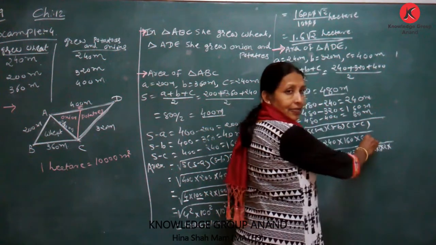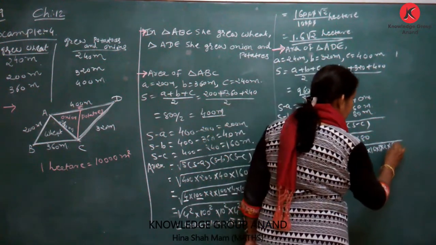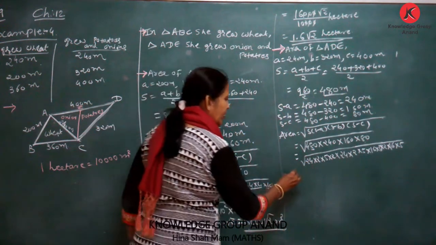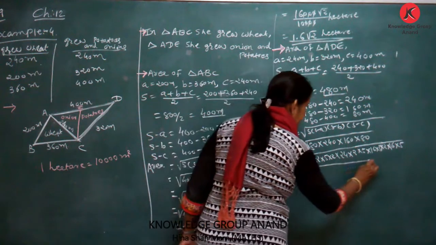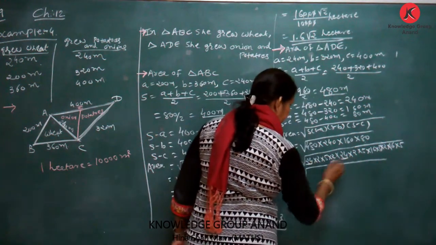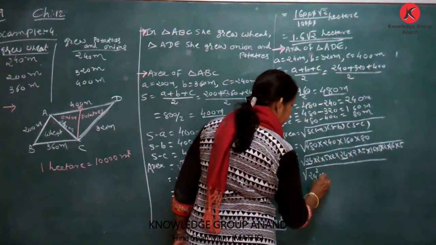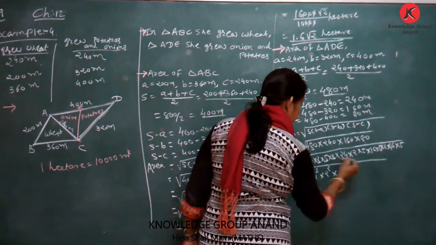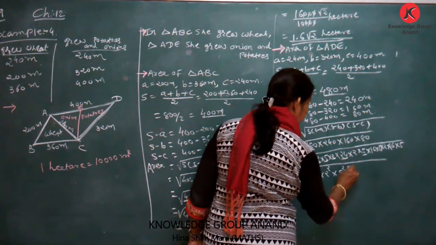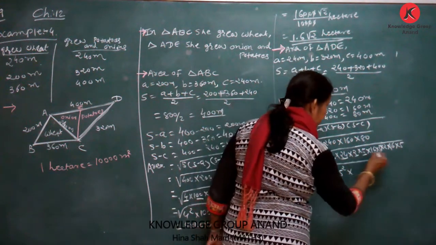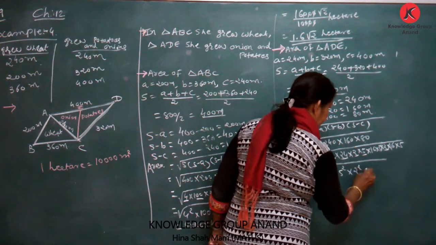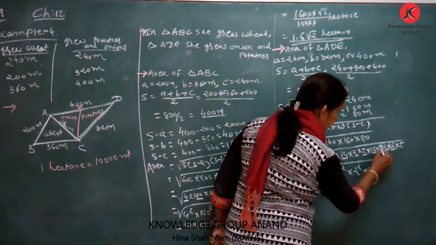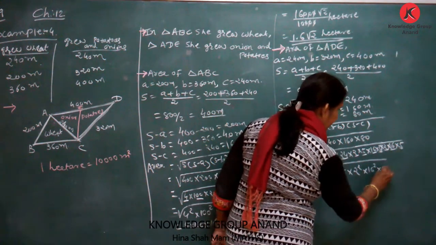And 80 is equals to 16 into 5. Then we get root 24 square into 2 square into 5 square into 2 square into 16 square into 5 square.